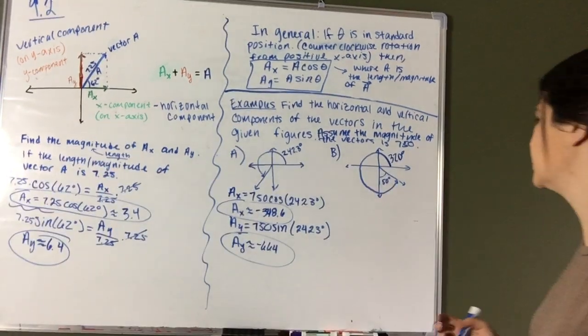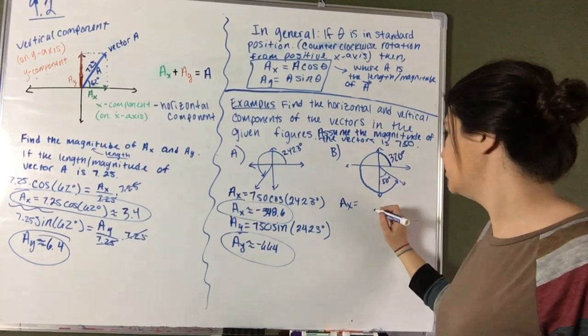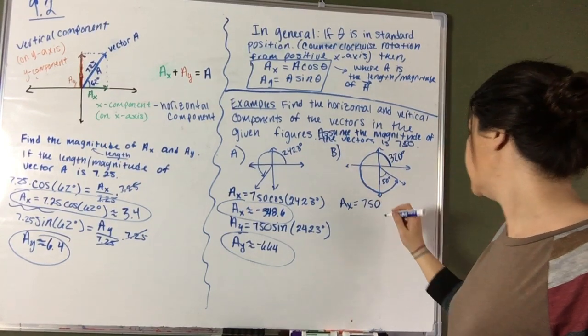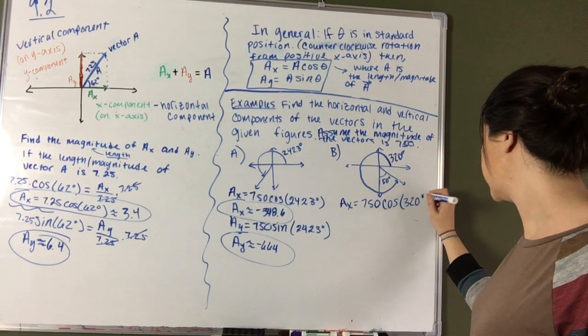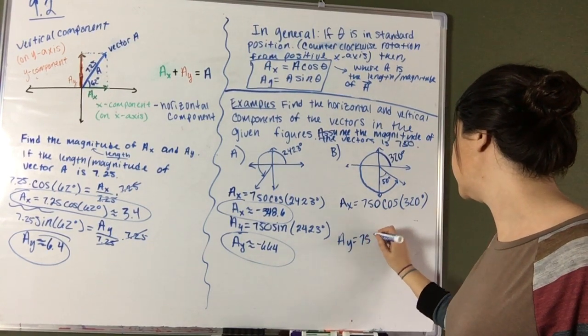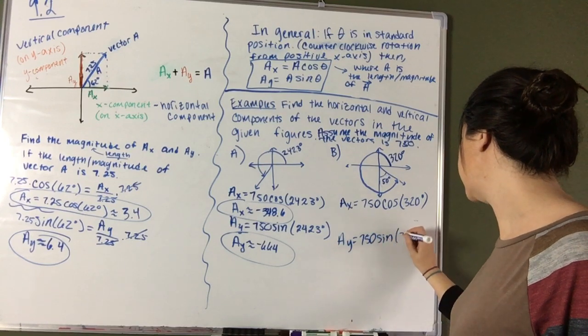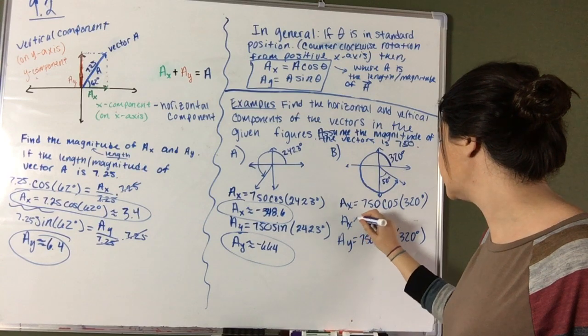So we're going to base this off of 320 degrees when we use the formulas. So our x component would be 750 cosine of 320, and our y component would be 750 sine of 320. And we'll approximate these.